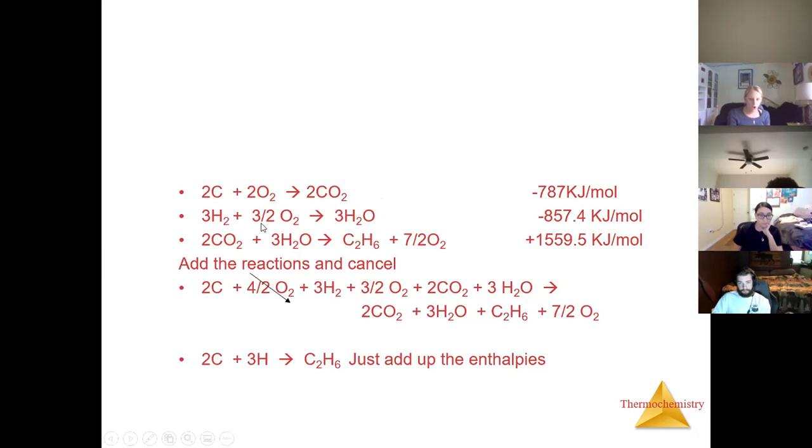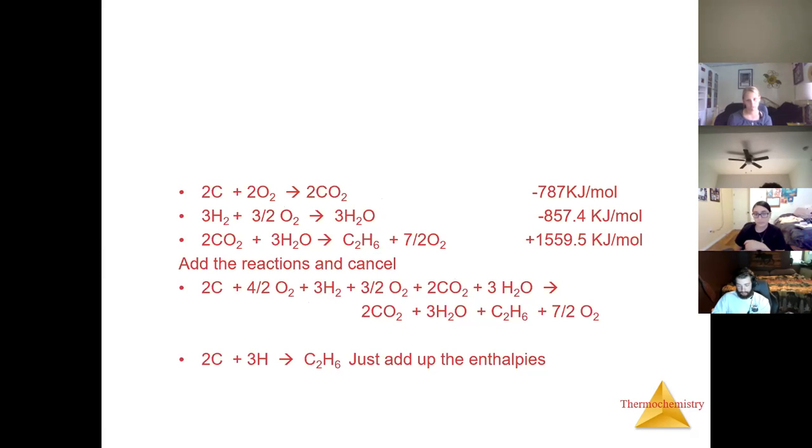I got 2C plus 2 O2s, which is the same thing as 4 halves O2. I've got 3 H2s, 3 halves O2. On the other side, I've got 2 CO2s, 3 waters, C2H6, and 7 halves O2.